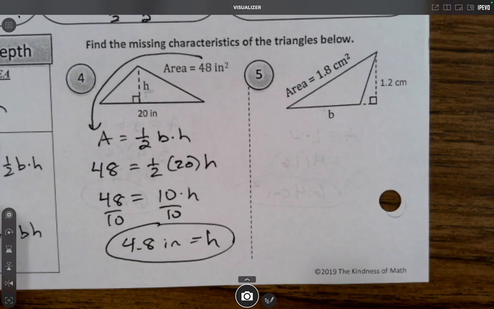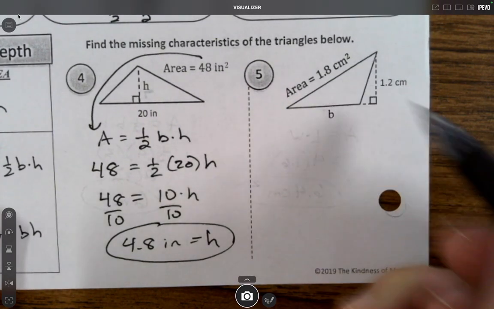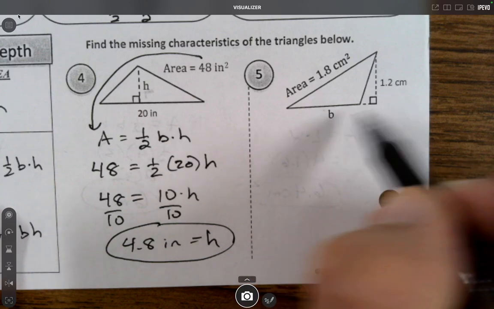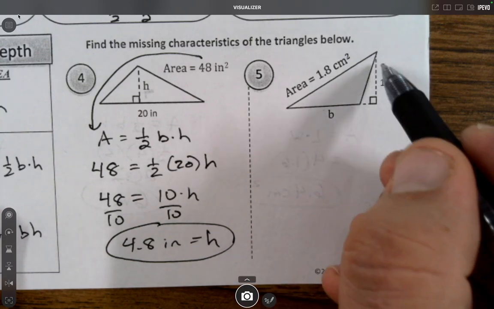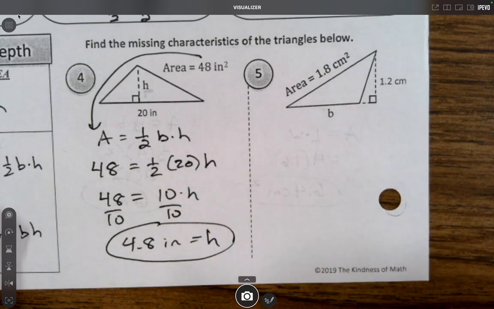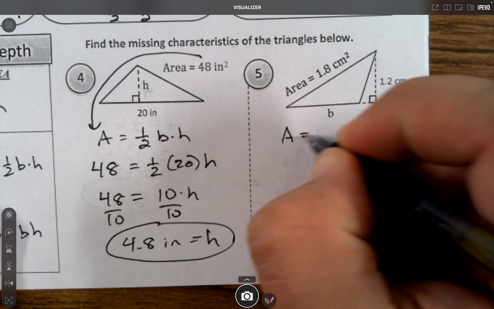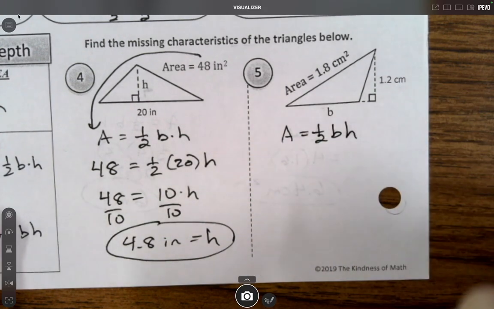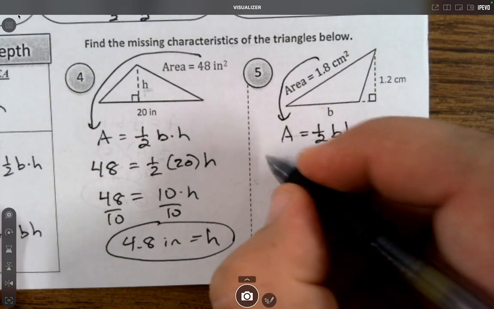Number 5, we'll do something similar. They tell us the area. They don't tell us the base, but they do tell us the height. That's what this dotted line is over here, because it still forms a right angle with the base. So area equals half times base times height. I'll plug in 1.8 for the area.